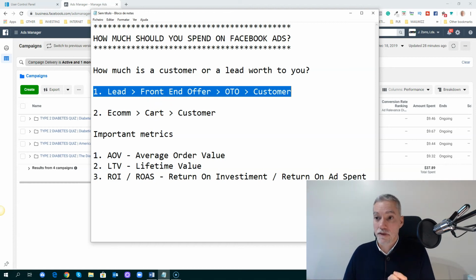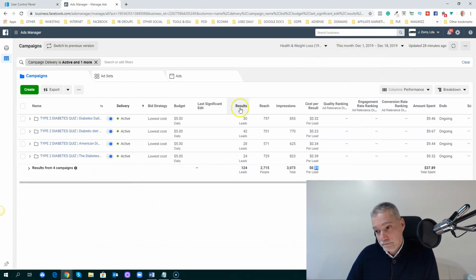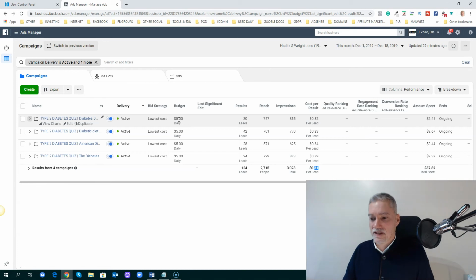Okay, so another thing here is that usually I just begin an ad set with at least $5 daily budget. Okay, and in order to get results, you really need to let the campaign run for at least, like, I don't know, maybe 5 days or something like that, because Facebook needs time in order to optimize the campaign.